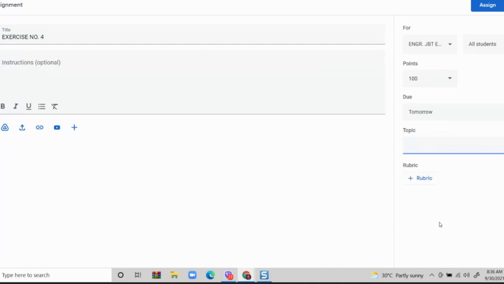Our topic here is derivative. Derivative using formulas.